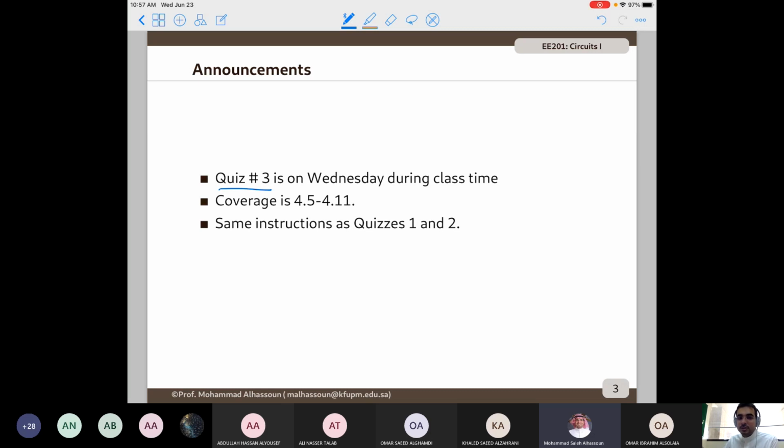The material is 4.5, which is mesh analysis, until 4.11, which is Thevenin and Norton equivalent circuits. The same instructions as quizzes 1 and 2. So make sure to use this opportunity to actually study, kill 2 birds with 1 stone. You study for the exam and you study for the quiz.